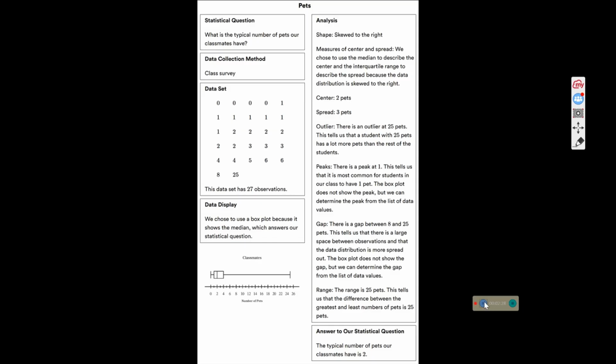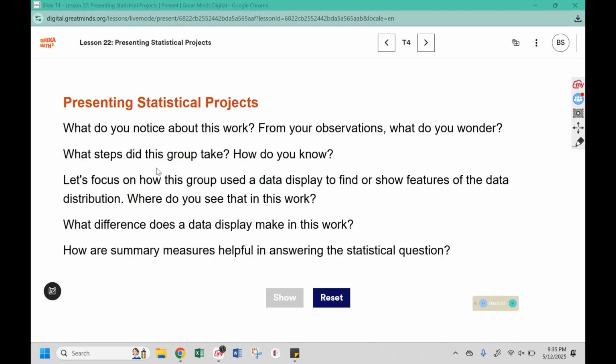So your job is to pick a statistical question to examine today and create a display that looks similar to this, including all of those features outlined in your workbook. Once you have completed your statistical project, you can examine these questions regarding the work of your peers.